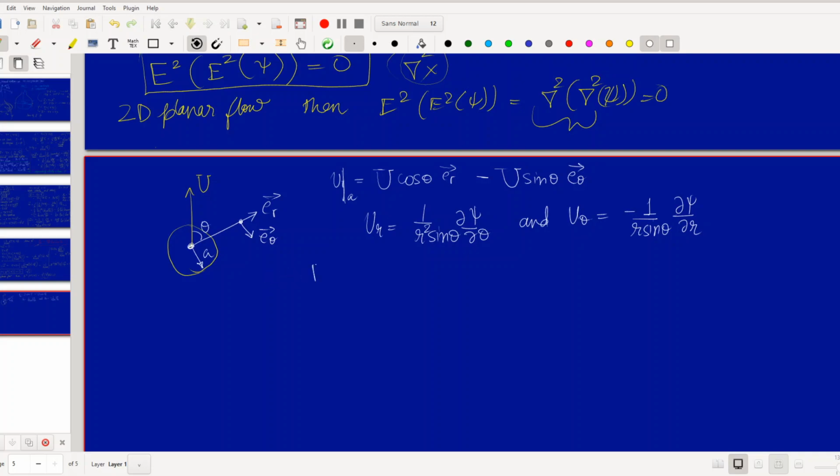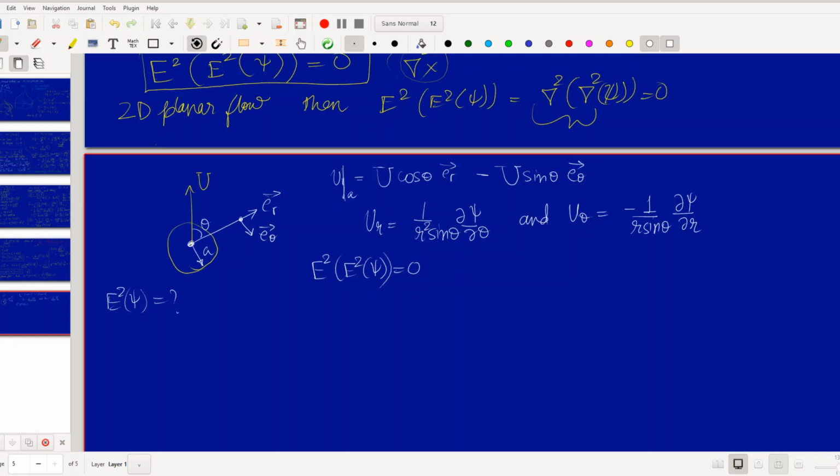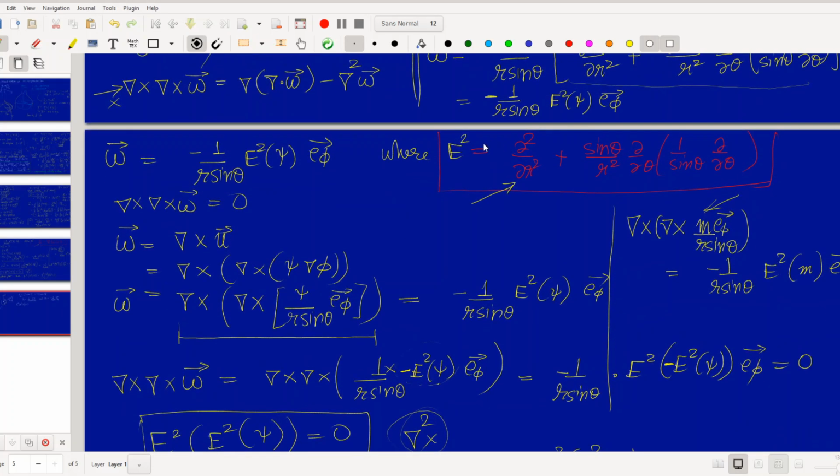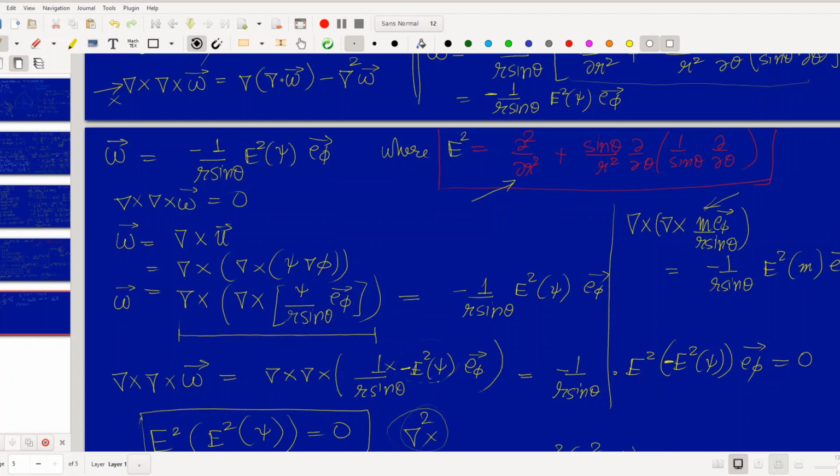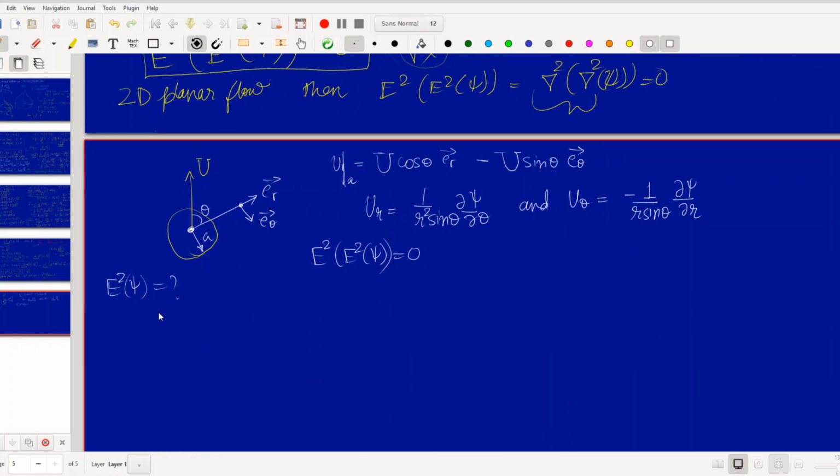So the governing equation is E2 of psi equals 0. Let us first write down what E2 of psi is. Let us again recall what the E2 operator is. E2 is del 2 by del r2 plus sin theta by r square del theta of 1 upon sin theta del theta. Essentially the whole task is to write down an appropriate form that will satisfy our governing equation.